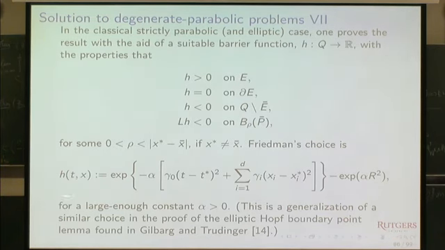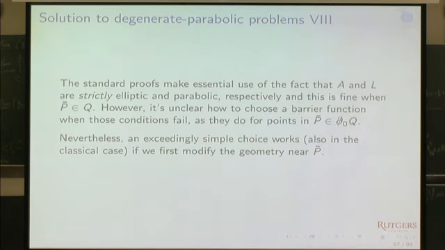Friedman's choice of barrier function is this, and it works fine in the non-degenerate case. It's analogous to the Gilbarg-Trudinger standard choice. But the standard choices make use of the fact that either the elliptic operator A or the parabolic operator A is strictly elliptic or strictly parabolic.